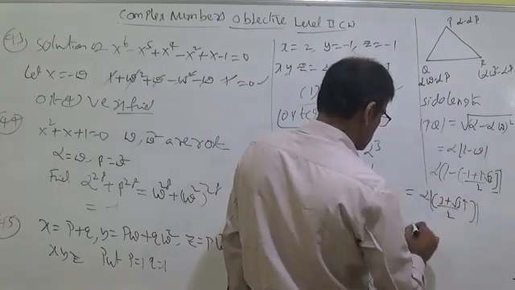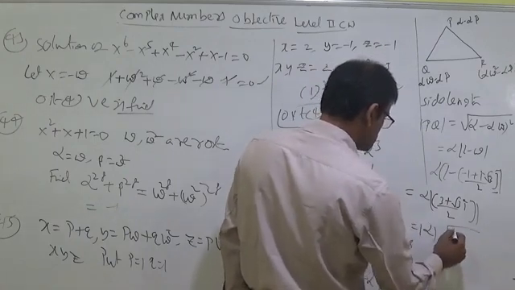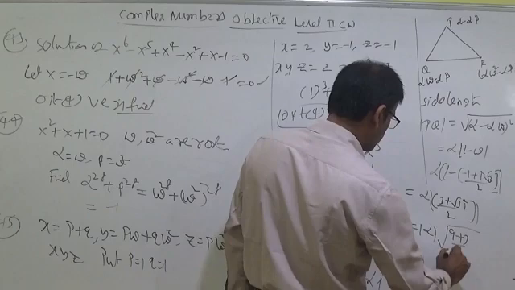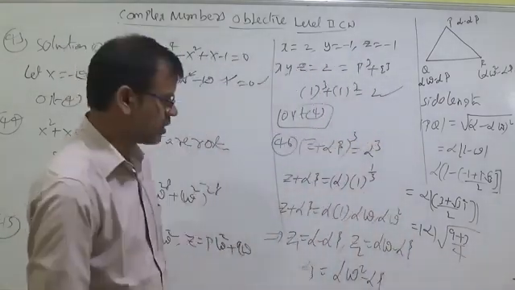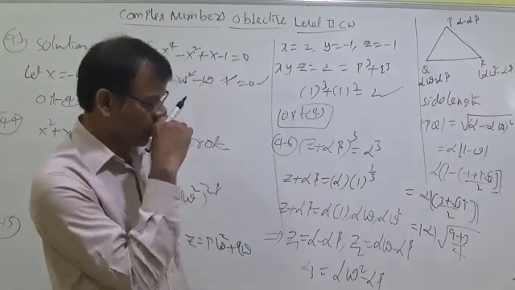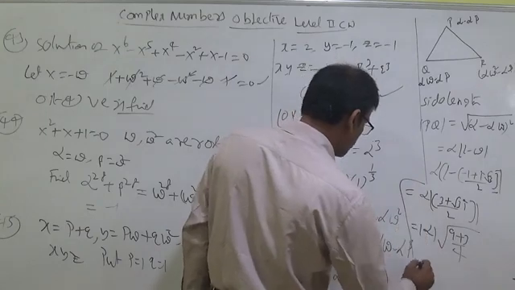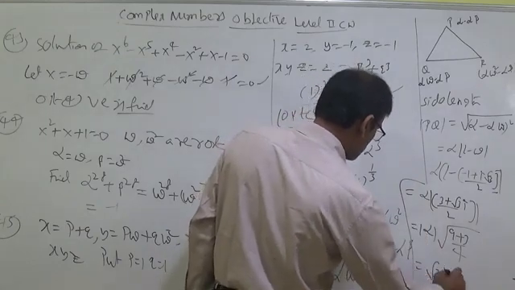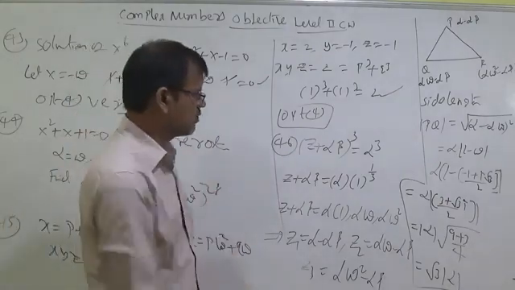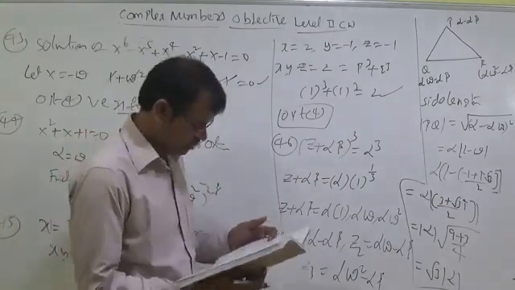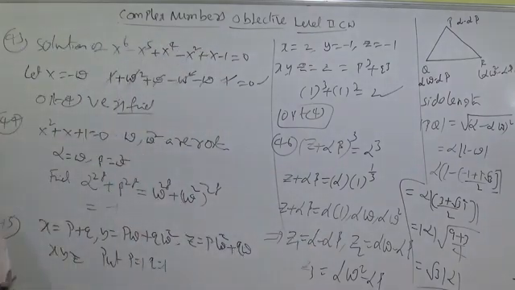Take the modulus: modulus of alpha into root of (9 plus 3) by 4, square of one component plus square of the other, 9 plus 3 becomes 12, 12 by 4 becomes 3. That is equal to root 3 into modulus of alpha, the length of the side of the triangle for the given complex numbers. Root 3 into mod alpha is given as the second option.